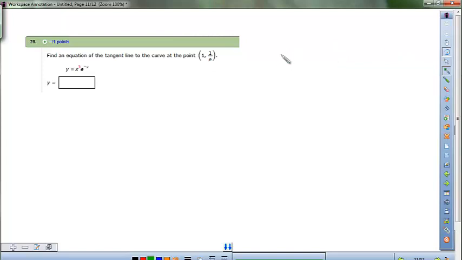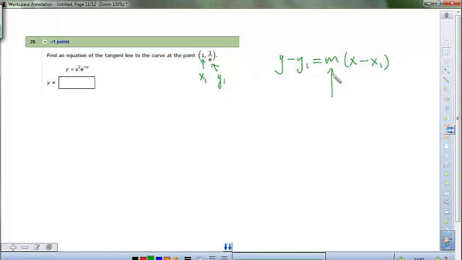And the equation for any line is y minus y1 is equal to m times x minus x1. Now you have x1 and y1 already given to you. Now you just need to figure out what m is.